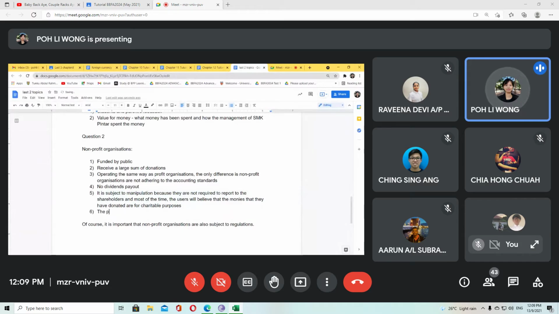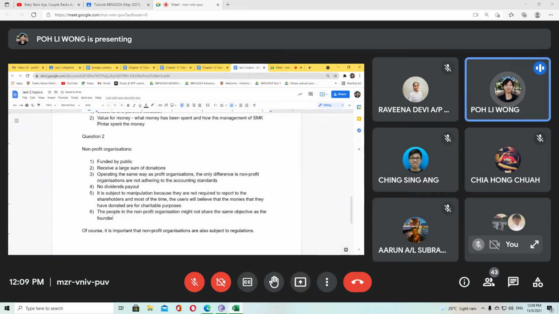The people in the non-profit organization might not share the same objective as the founder. So maybe the founder has a very big heart. He or she really wants to help people, but the person that they are hiring might not have that big heart.